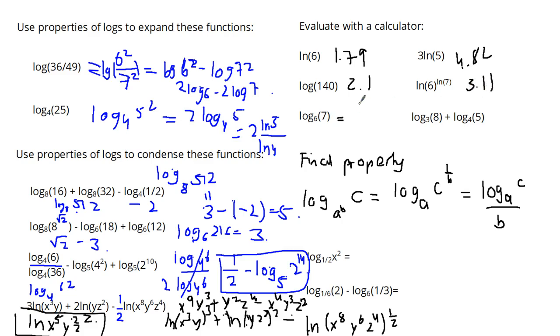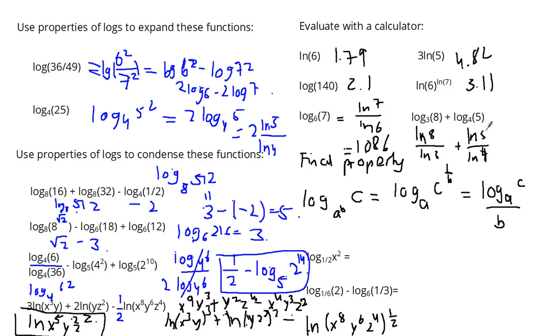Log base 6 of 7, we can use the change of base rule to do this. Right? Because there's no ln 6, there's no base 6 in our actual function. So it's 1.086 roughly. And then this is the same thing, change of base. And then add change of base.